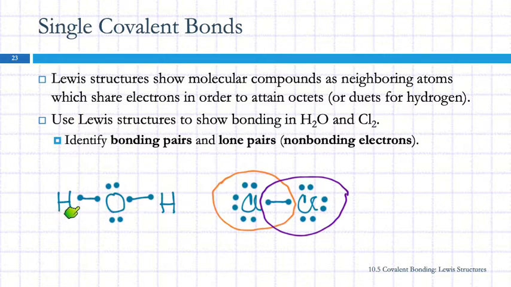This is a good way to do Lewis structures when you're first starting, to show them as dots connected. But normally how we would show them later is we're just going to put a single line for that single bond, and then we're going to put the other electrons in as dots. And so chlorine would be like this.